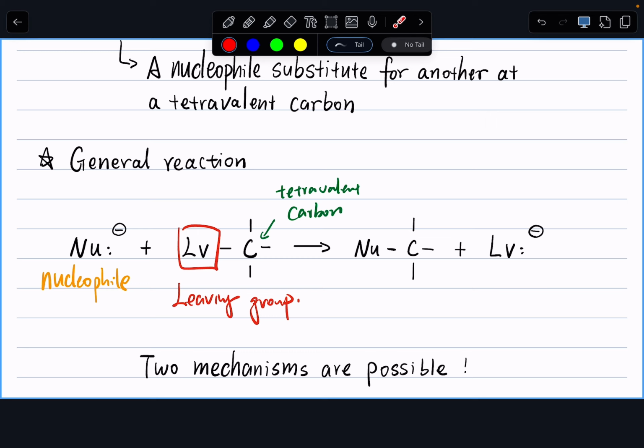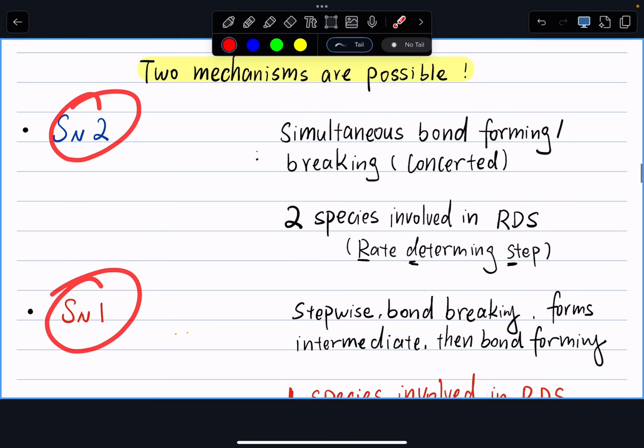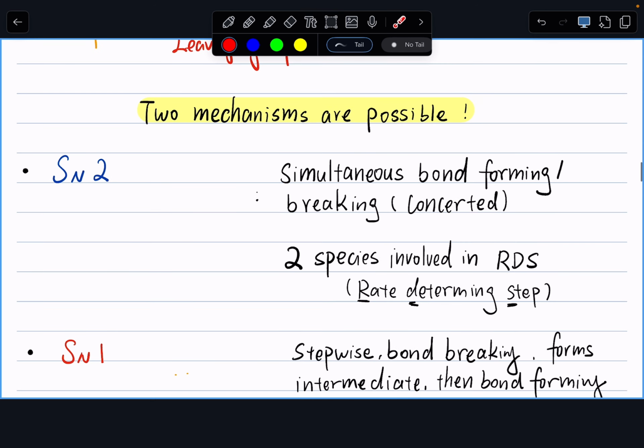For this substitution reaction, we have 2 mechanisms that are possible depending on the nature of the bond-forming, bond-breaking processes, or whether the bond-forming and bond-breaking is concerted or stepwise. The 2 possible mechanisms are called SN1 and SN2. Let's go over what each term means.